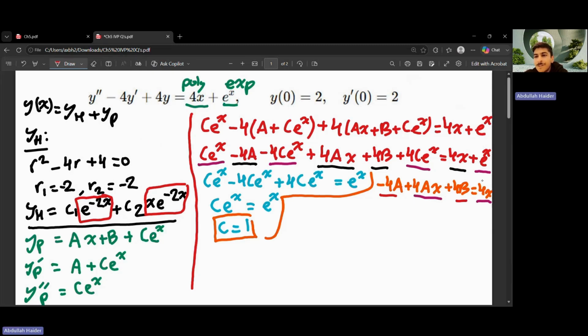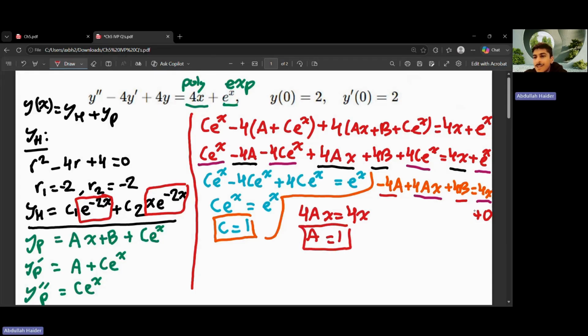Basically we have 4x, but there's nothing after this, so let's consider there's a 0 here. So you merge the constants with the constants, you merge the x with the x. So after this, you'll get 4ax is equal to 4x, and then you'll get your a is also 1.